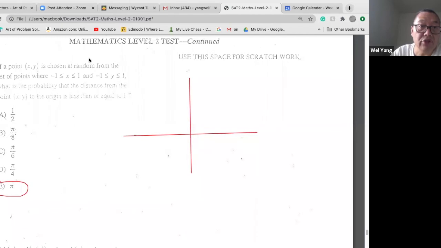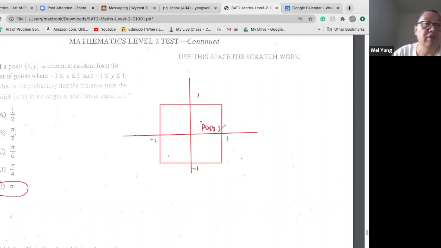Let's draw a square here, something like this. Then here, -1, +1, -1, +1. You choose any point P at random from the set of the points in this square.